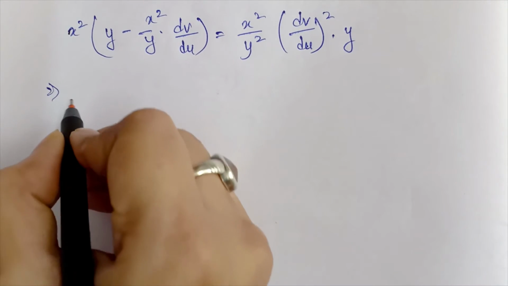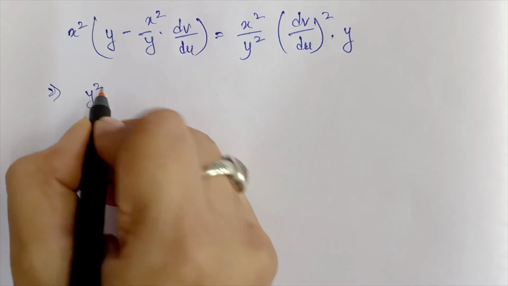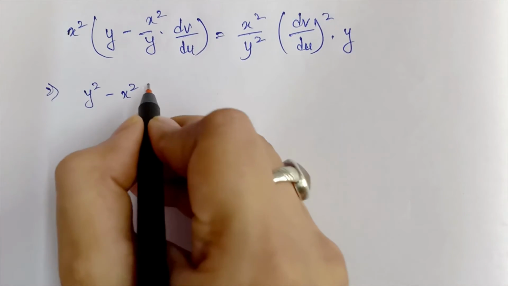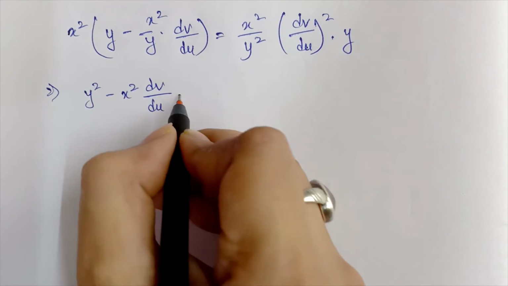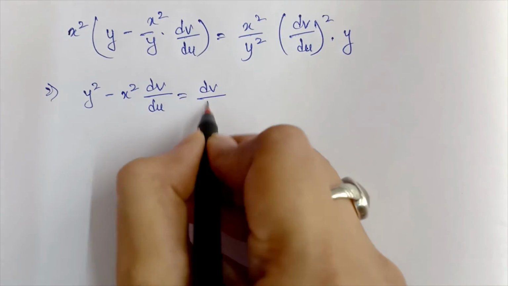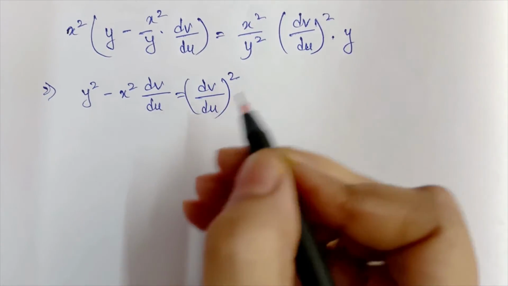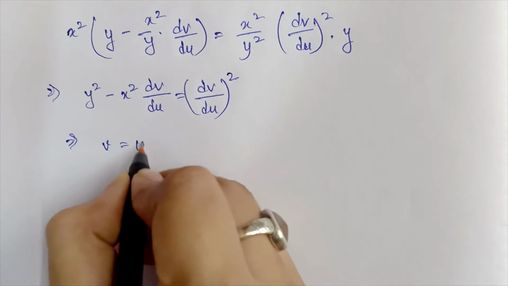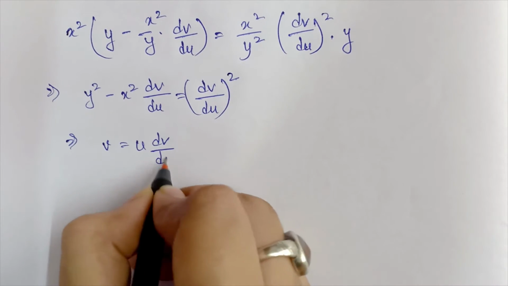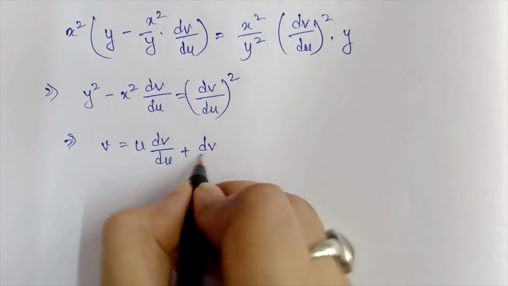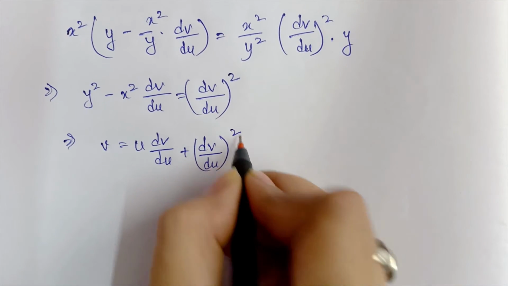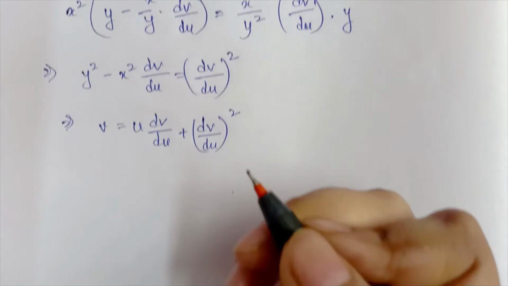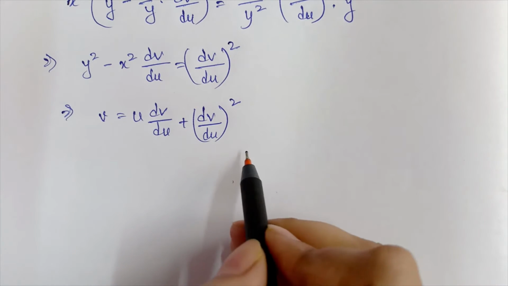This implies y square minus x square dv by du equals dv by du whole square. This gives us v equals u dv by du plus dv by du whole square, which is in fact in Clairaut's form.